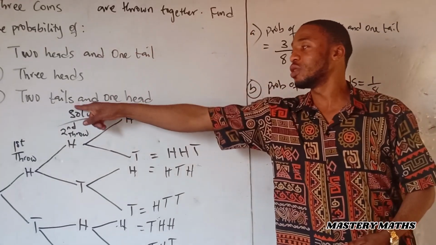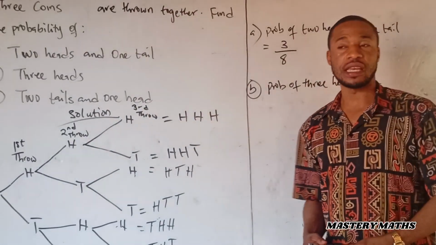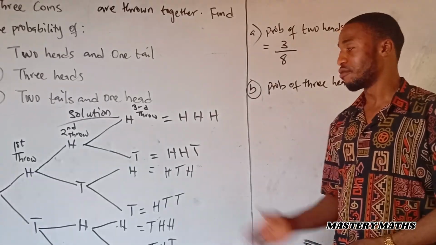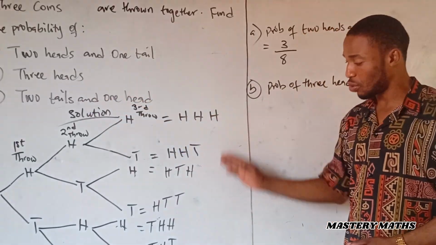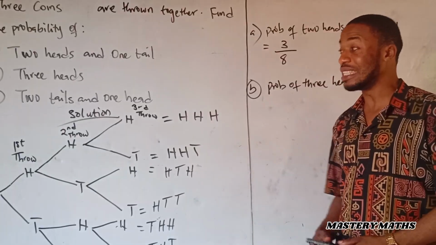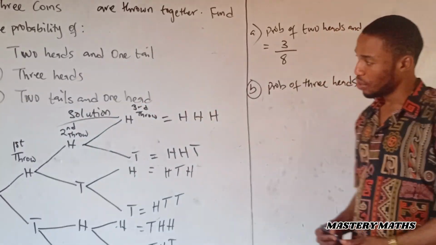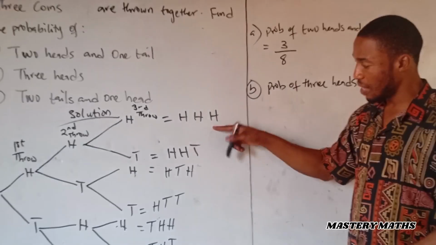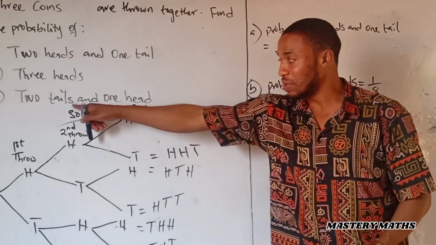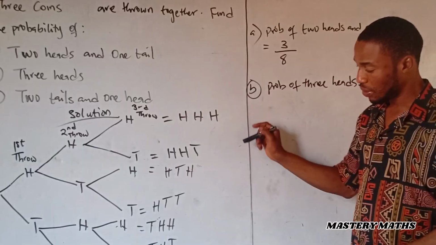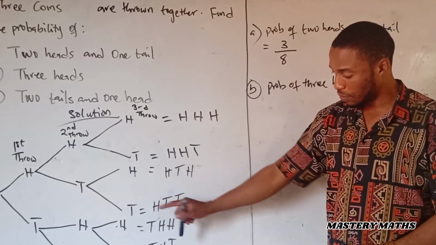Find the probability of 2 tails and 1 head. It means how many times from our outcome did 2 tails and 1 head appear? Let's check. This is 3 heads, it is out. This is 2 heads, it is out, because we are looking for 2 tails and 1 head. This is 2 tails and 1 head, we've gotten 1.